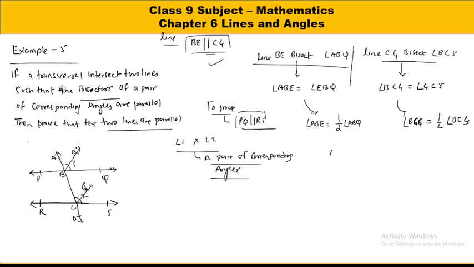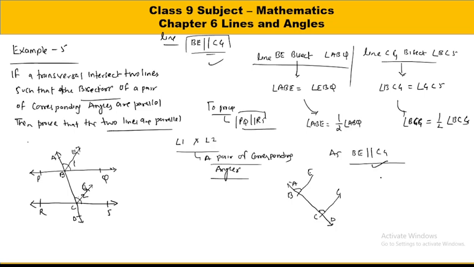As BE is parallel to CG, if I draw these lines like in this figure, BE and another line CG, and a transversal line AB or AD, these angles are corresponding angles. So these corresponding angles are equal.